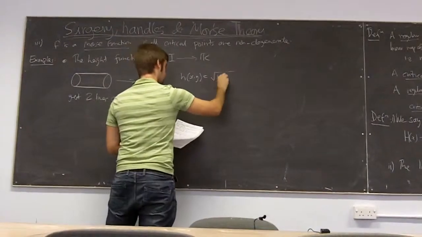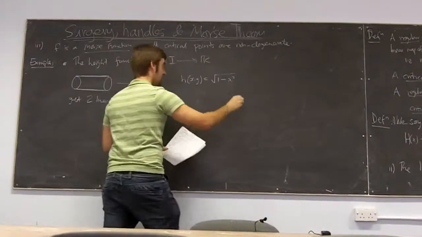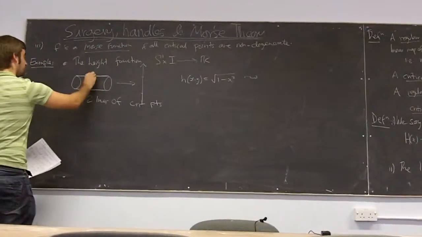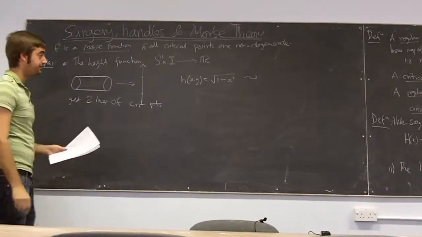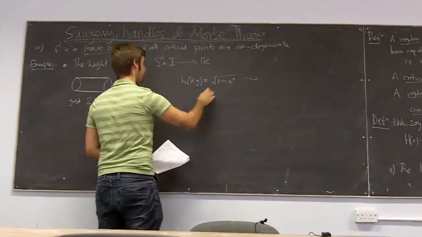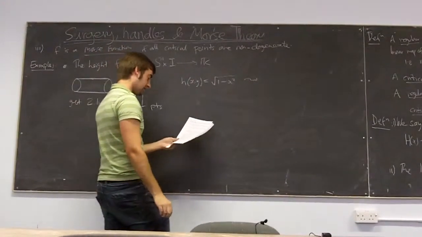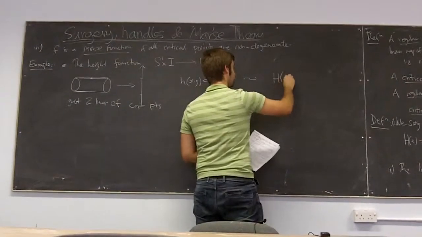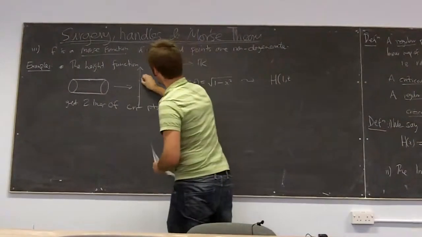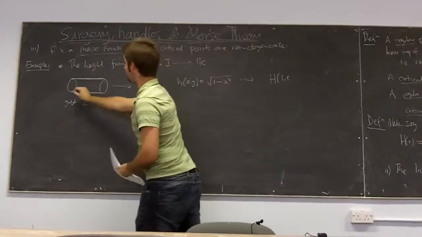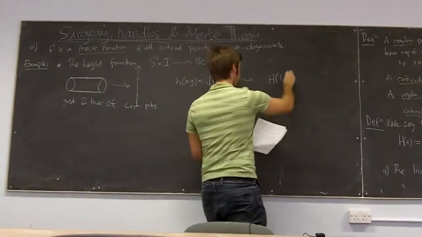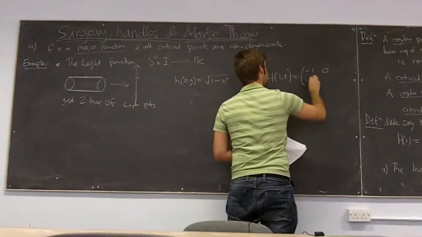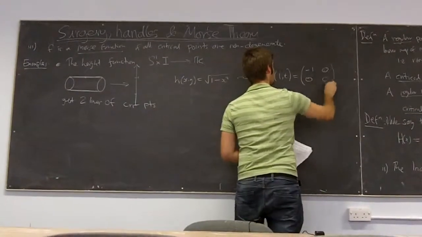But we can also look directly just at the function. Don't worry, I won't go into too much detail. If you take local coordinates around a point up here, say, this is what the function looks like, and then you calculate the Hessian, so if I took this as height 1 and t is the variable going across, you get 1, minus 1 and the rest zeros.